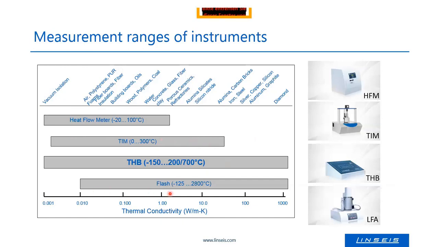The laser flash has a very broad range up to very high conductivities. And the THB has most probably or obviously the broadest thermal conductivity range. It can measure more or less all kinds of samples in the temperature range between -150 and 700 degrees Celsius.